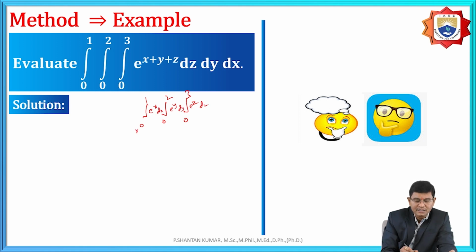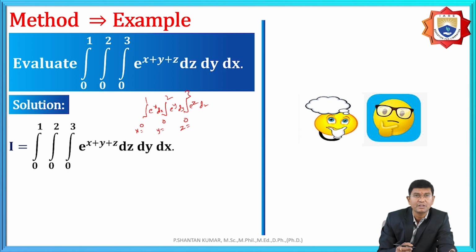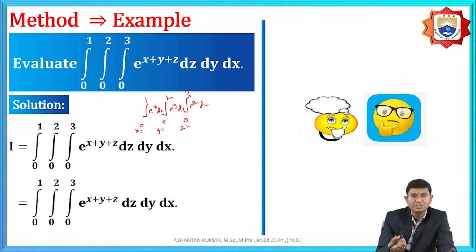Therefore x is equal to 0 to 1 and y is equal to 0 to 2 and z is equal to 0 to 3. Finally, the solution without simplification, for this type of problem, will be (e cube minus 1) and (e square minus 1) and (e minus 1).